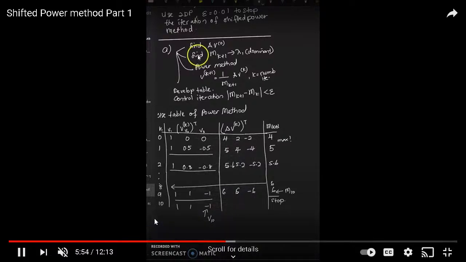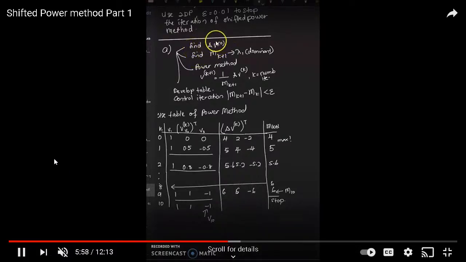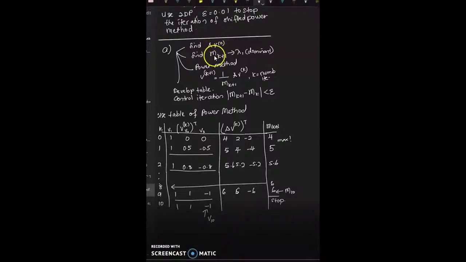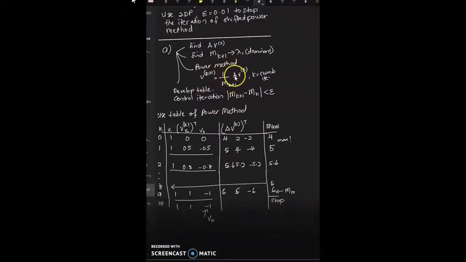To get lambda 3, you need to use the power method first to find the dominant lambda 1. We repeat the formula of the power method.